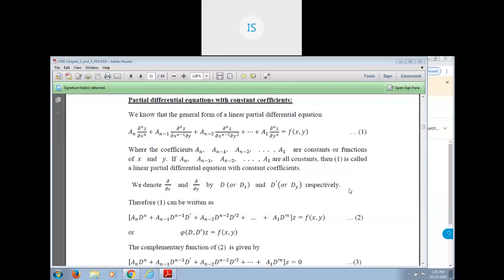Not capital P and small q, but small p and small q. Capital P and capital Q are either constants or functions of x and y. I am telling about small p and small q, because the first order equation is of the form f of x, comma y, comma z, comma p, comma q.